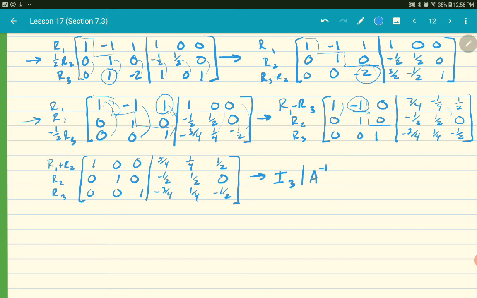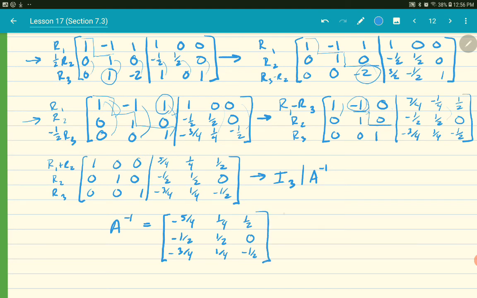So that tells me that A inverse is negative 5/4, 1/4, 1/2, negative 1/2, 1/2, 0, negative 3/4, 1/4, negative 1/2.